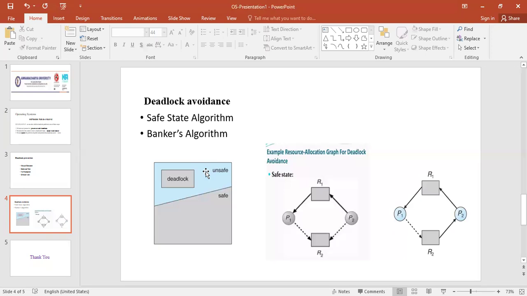So a safe state is not a deadlock, and conversely, a deadlock state is an unsafe state. It means that if programs complete in a sequence without any issues, the system goes to a safe state. If problems arise, it goes to an unsafe state.